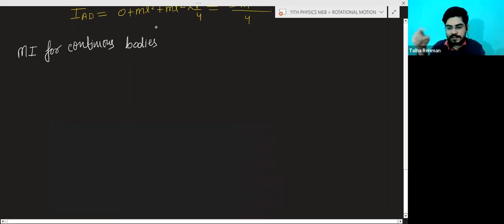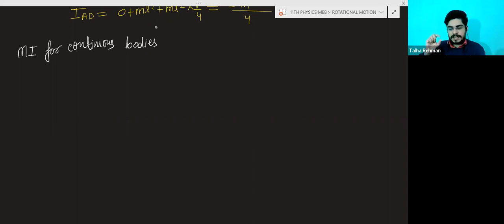You can say a disc is a two-dimensional body. It has the length also, it has a thickness also. And three-dimensional bodies like sphere, cube, cuboid.